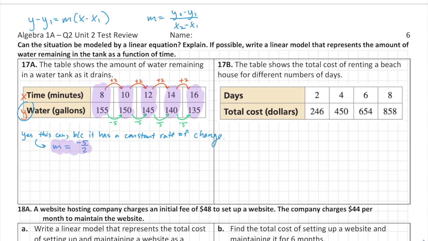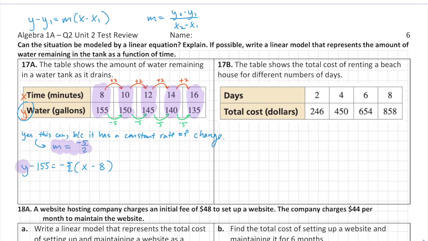Now let's see here. I know my -5 over 2 x, and subtract 8, and let's subtract 155. Now if I want to put this in slope-intercept form, I need to get this y by itself.